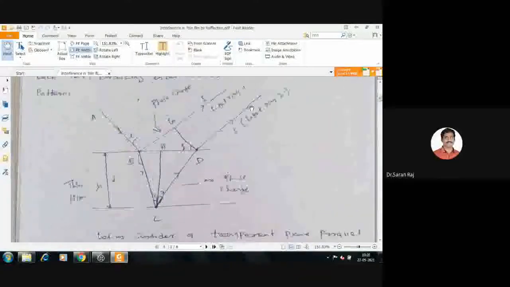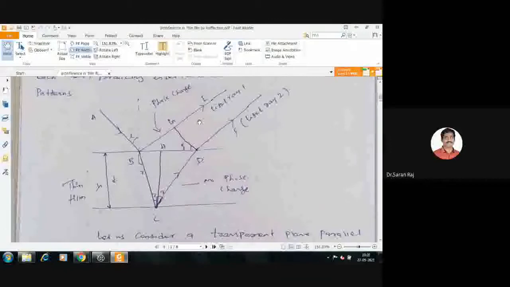So this is the diagram. In this diagram, this is light ray 1. This is light ray 2. First of all, the inside of the film minus the outside of the film, you subtract this. That is the ray path difference.